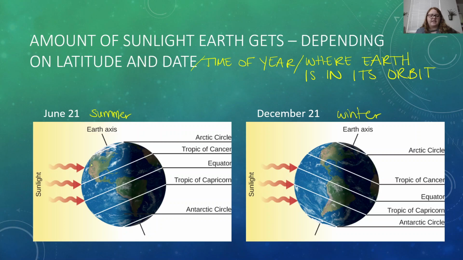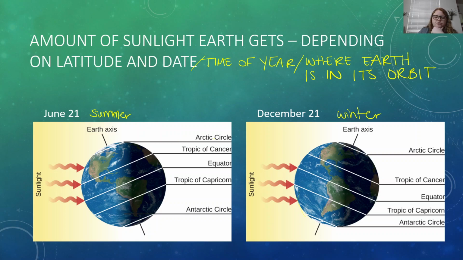The sunlight will be hitting quite a bit of the northern hemisphere during the summer, around June 21st. Okay, and then in the winter, it's going to be hitting mostly the southern hemisphere here around December 21st.